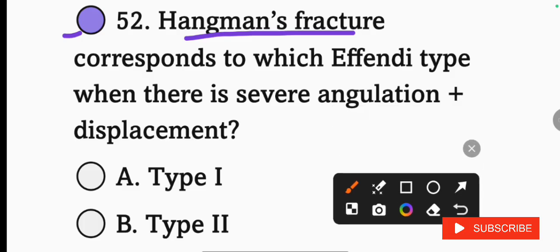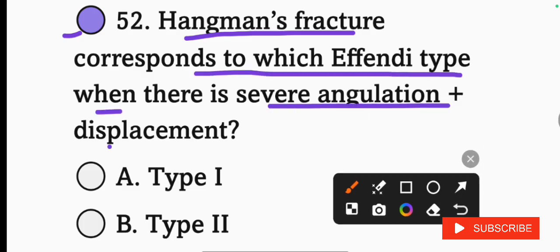Hangman's fracture corresponds to which Effendi type when there is severe angulation with displacement? This is a commonly asked spine MCQ on the Effendi classification. So please note this down. The Effendi classification has types: type 1, type 2, type 2A and type 3.